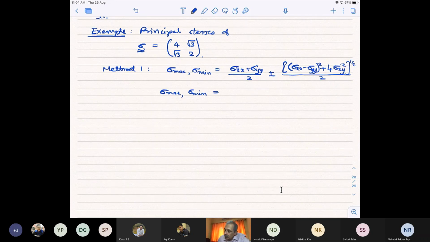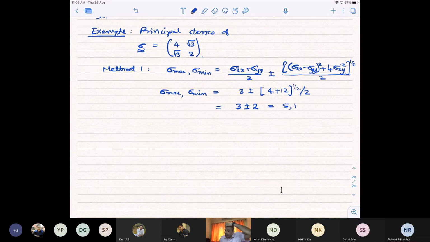So 4 plus 2 is 6 divided by 2 is 3 plus minus, and here 4 minus 2 whole squared is 4, and then 3 root 3 squared is 3 into 4 is 12, raised to the power of half, divided by 2, which is equal to 3 plus or minus 16, square root of that is 4, divided by 2, so 3 plus minus 2, which is equal to 5 and 1.